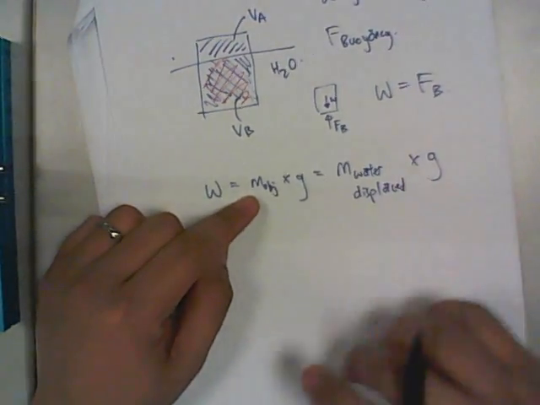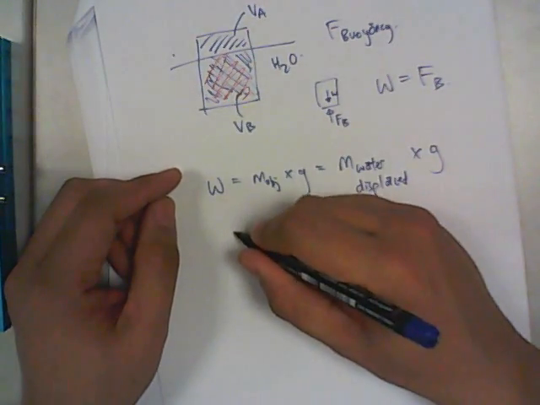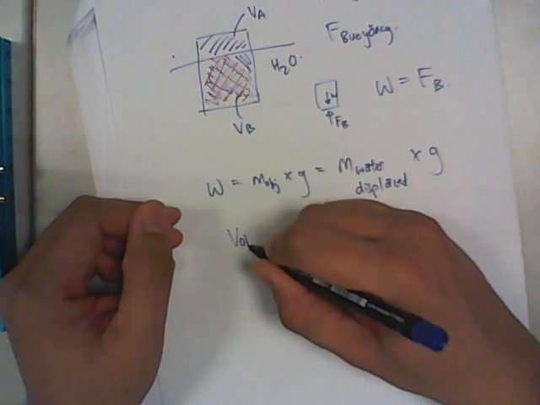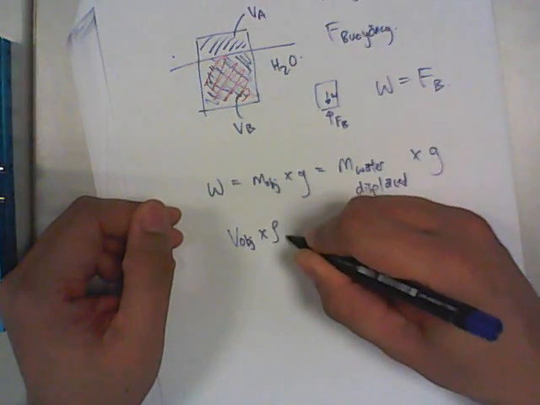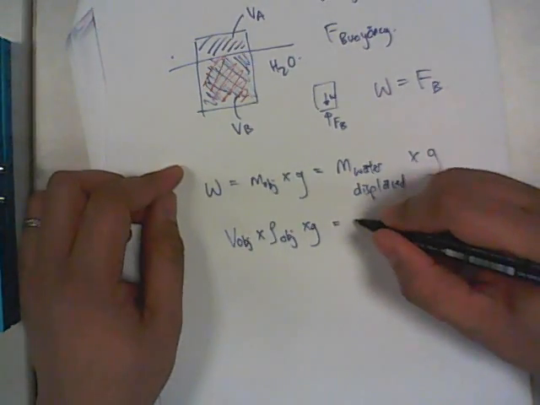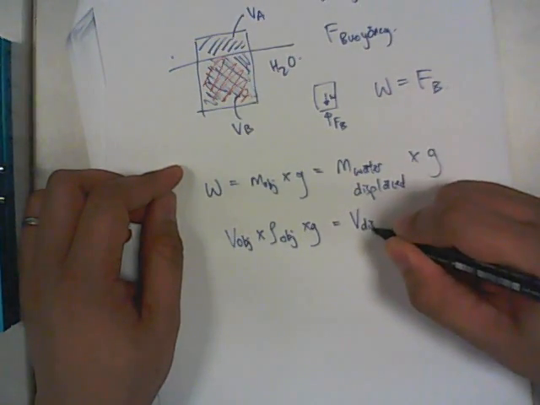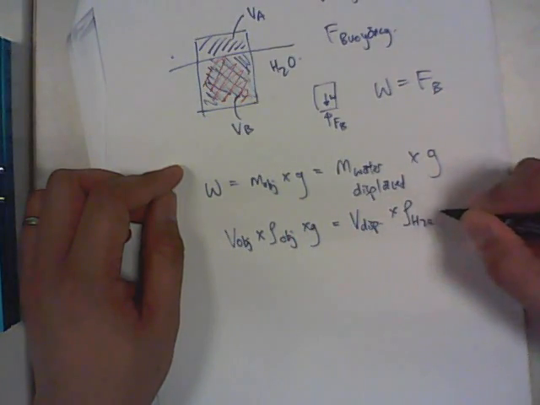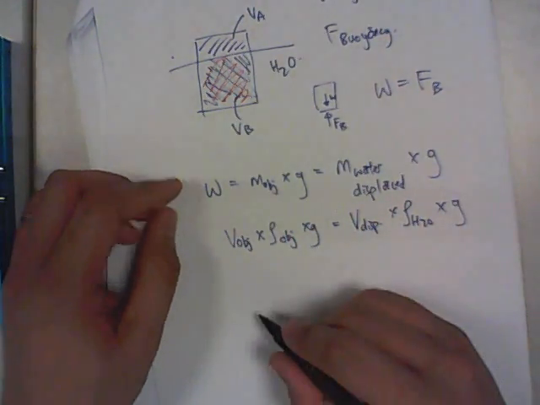So what matters is how you get these masses. Mass of object is volume times density. So volume of object times density of object times g. This one is also volume of displaced water times density of water times g.